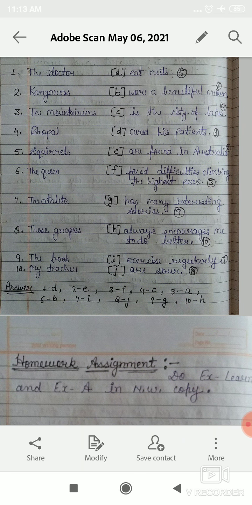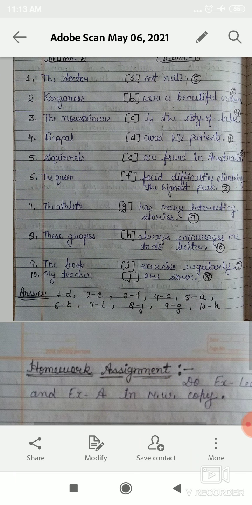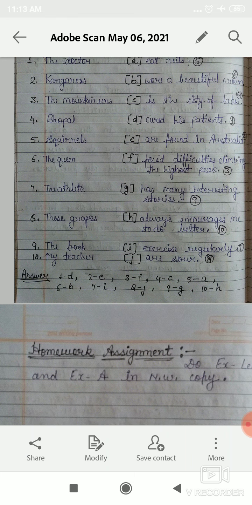Now next number 8. Number 8 is these grapes. Okay, so students, tell me which predicate will match with this subject, that is these grapes. Okay, so here option number J will match with number 8. Okay, these grapes are sour. Okay, now next number 9.